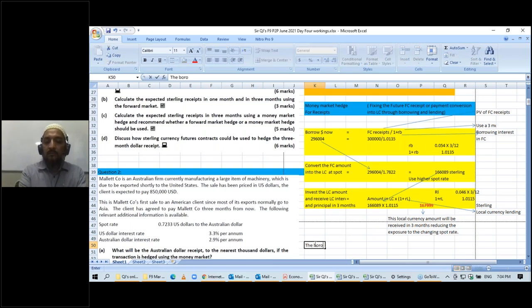The $296,004, this was the dollar amount, will become $300,000 along with interest, because we calculated present value. So when we add back the interest for 3 months, it will become 300,000 in 3 months' time.